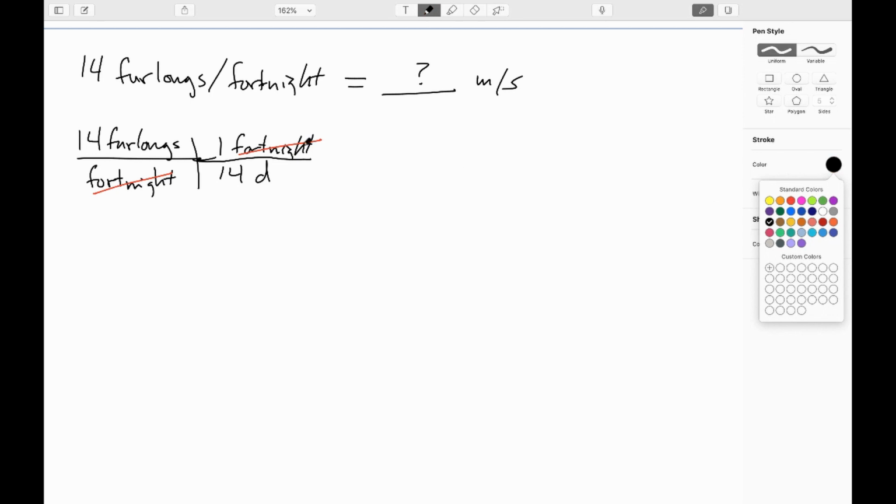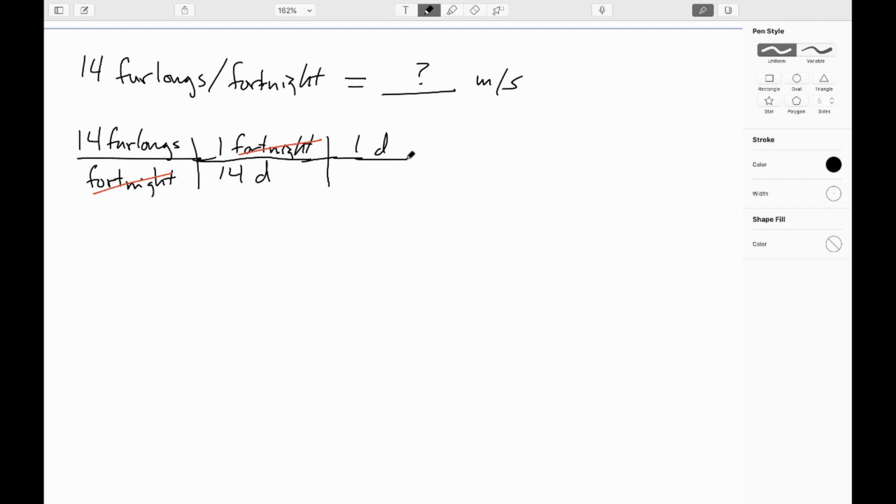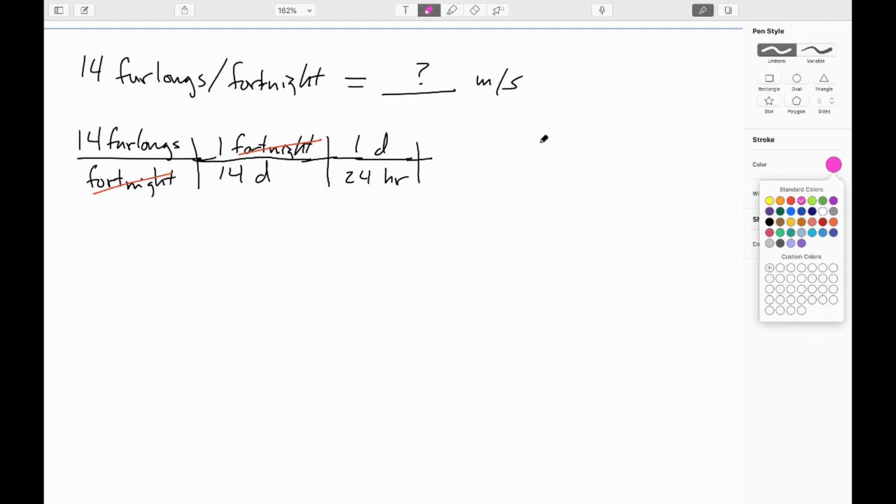Now, days aren't seconds yet, but I could turn them into hours. And again, same kind of deal here. I got days in the denominator, and I need to cancel them. So I'm going to have days up in the numerator. And then I can put 24 hours in the denominator. And again, same deal here. Cancel, cancel. All right, we can keep this game up here.